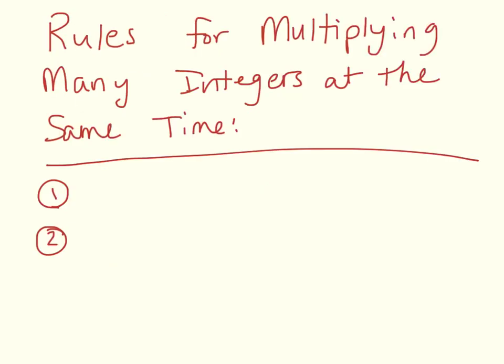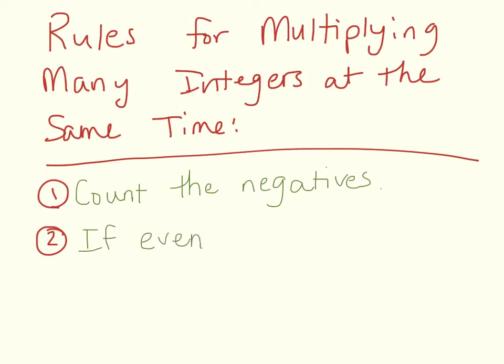Okay, now some rules for multiplying if we have many integers at the same time. So I want to multiply a whole set of integers. The first thing I'm going to do is count the negatives. How many negative signs do I see? If I see an even number of negatives, then my answer is going to be positive because they all pair together to form positive.